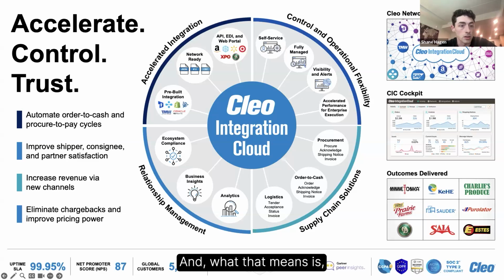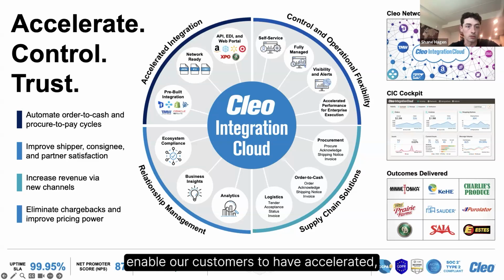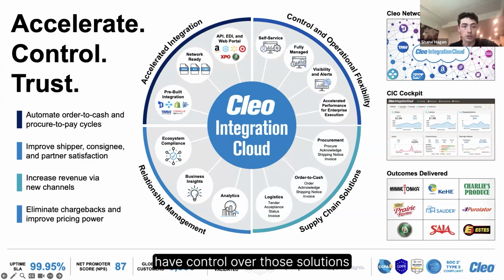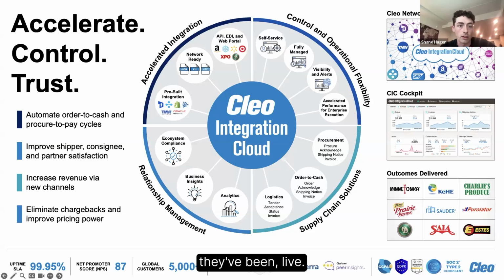And what that means is, as I go around this wheel, we want to enable our customers to have accelerated solutions, have control over those solutions, and ultimately trust in those solutions after they've been live.